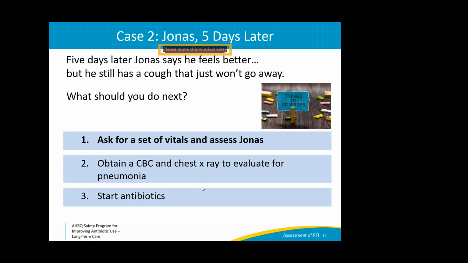Based on that, you very well may also decide to get a chest x-ray and a CBC, but the first step is going to be examining the patient, if you're able to. And no one chose answer number 3, which is exactly right. At this point, we still don't necessarily need to start antibiotics, but we do need to check in and see if maybe things have changed with him.